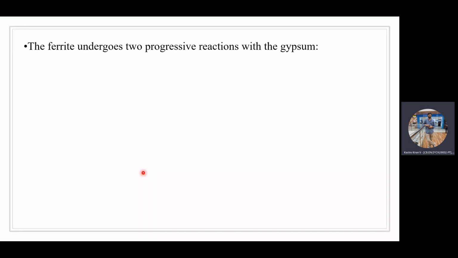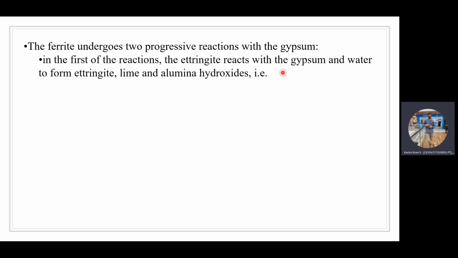Now, here the C4AF compound. C4AF is basically the ferrite compound, and the ferrite undergoes two kinds of reactions in the presence of gypsum. In the first reaction, the ferrite reacts with the gypsum and water to form the ettringite compound, along with lime and aluminous hydroxide.